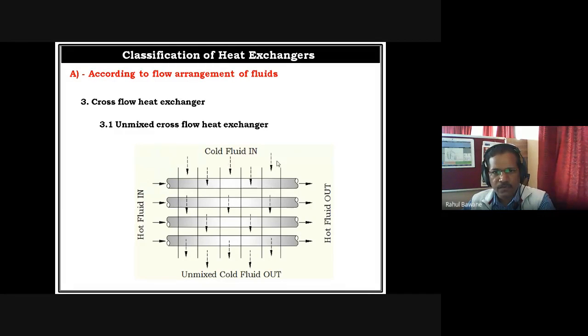Secondly, the cold fluid or air moves through this, and there are baffles. Due to the baffles, the air cannot mix with the second layer of air. It enters, and due to the baffles, it travels through the same channel. So that means neither the hot fluid is mixing nor the cold fluid is mixing, so it is unmixed cross flow.